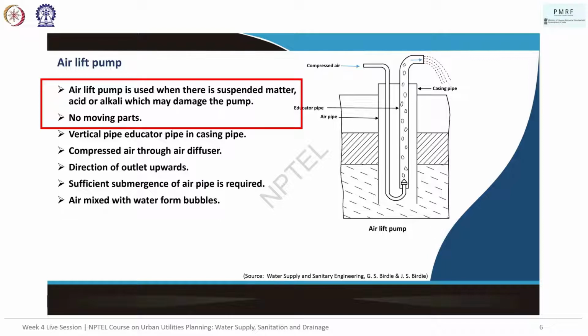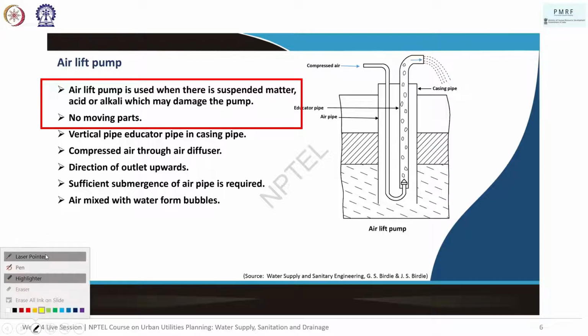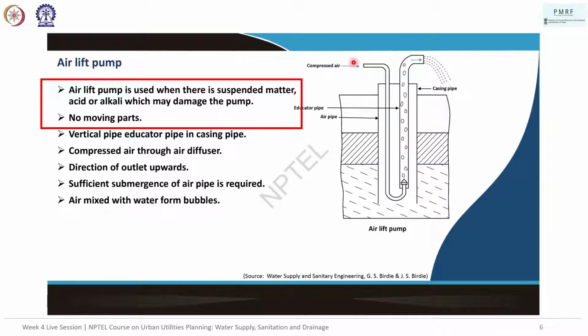However, in an airlift pump, if you remember, it's mostly through the introduction of compressed air. If you look at this mechanism, compressed air is thrown in at a great pressure through this pipe.